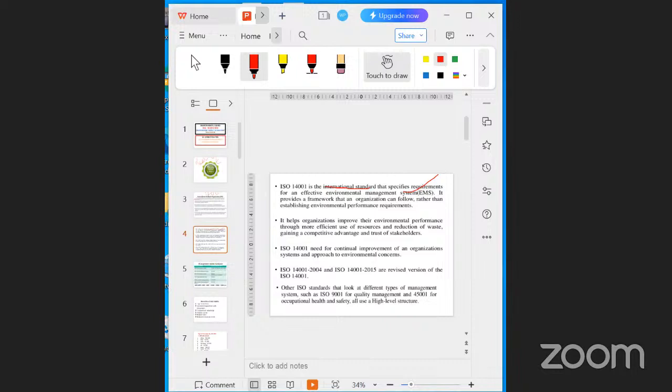It helps any organization improve its environmental performance through more efficient use of resources and reduction of waste, gaining a competitive advantage and the trust of stakeholders. So it is an environmental management system that conforms to a standard specified by the globally recognized international standards body.